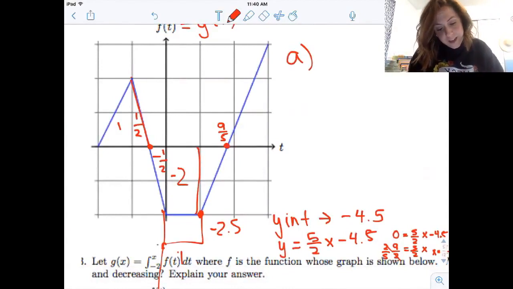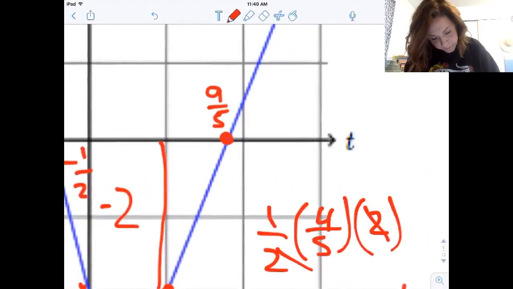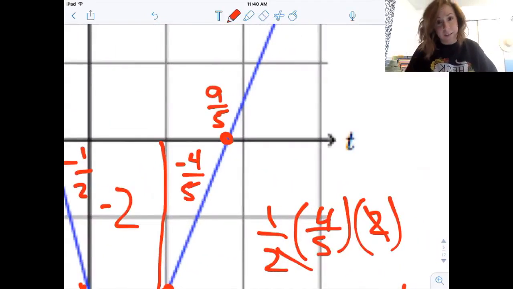So think about your area here. This area is 1/2 your base, which is 4/5, times your height, which is 2. And so this area is actually just -4/5. That's not pretty, but they can do that on the UP exam.